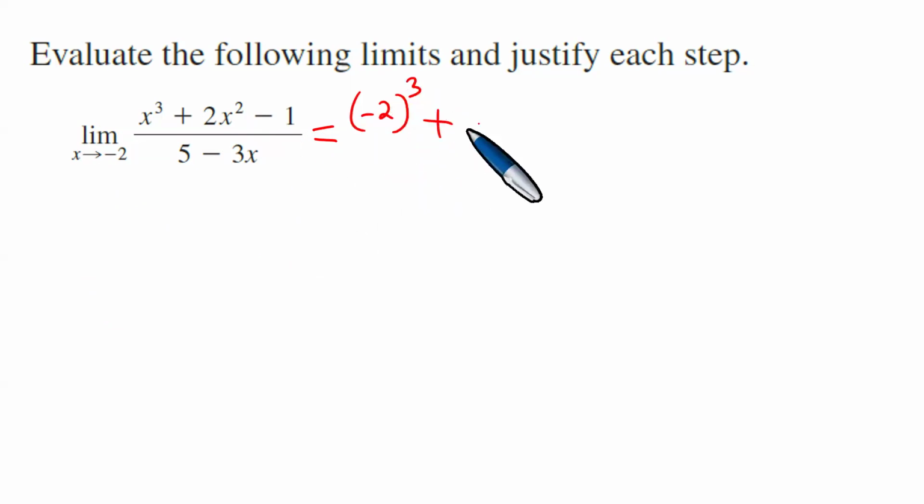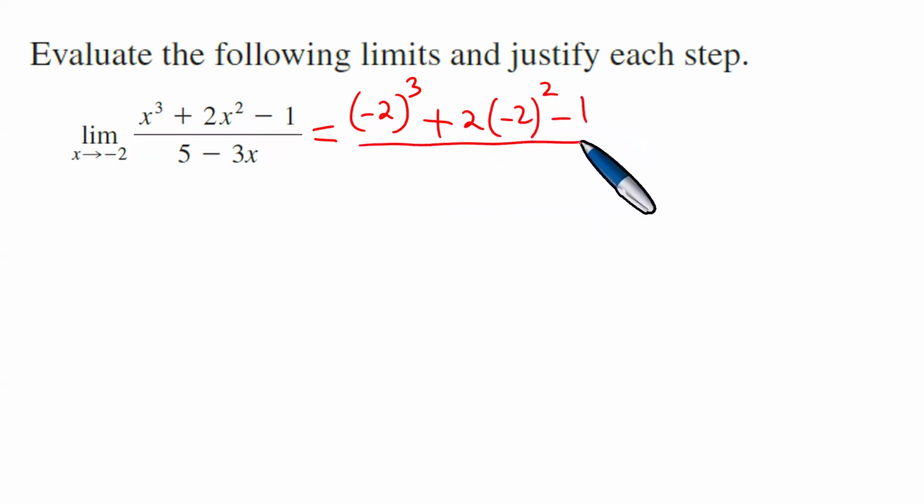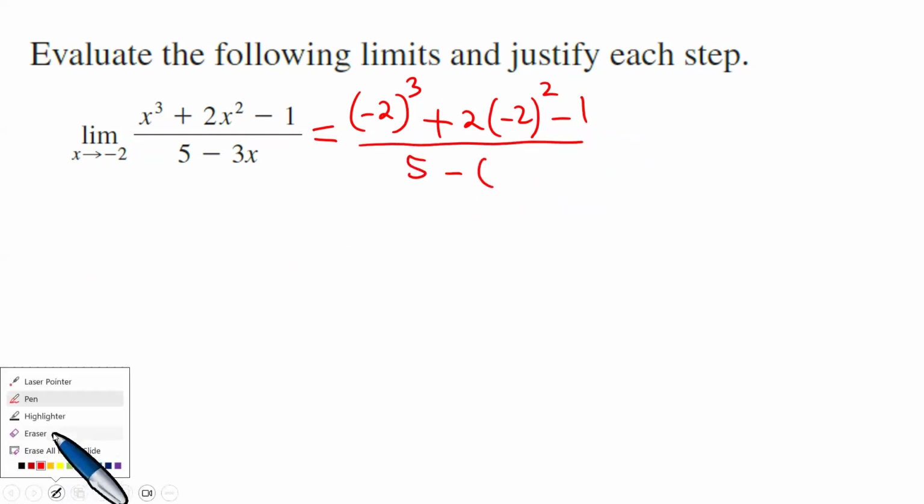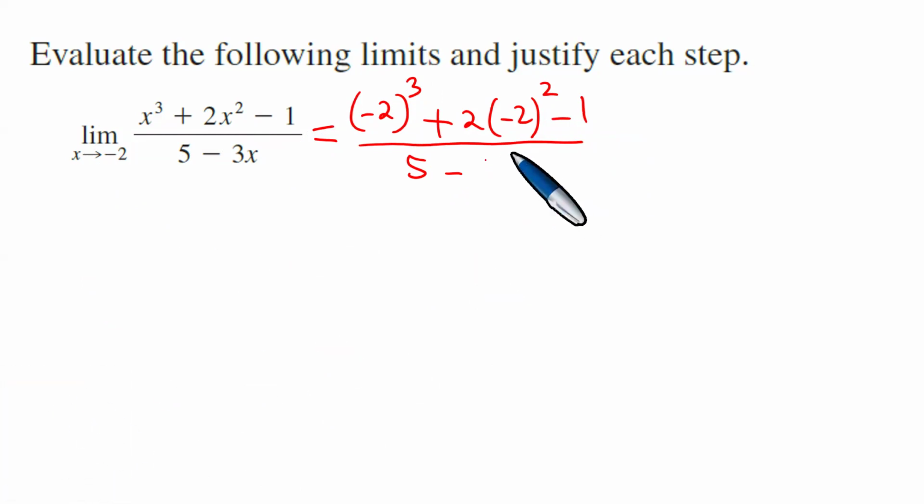Here I know that there are many things you can do. Minus 1, all divided by 5 minus 3, which is minus 2. If you cube minus 3, what do you get?